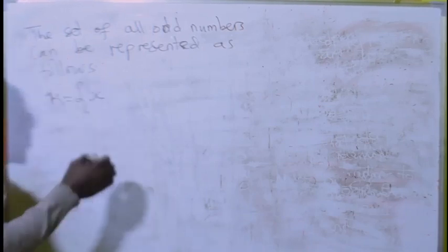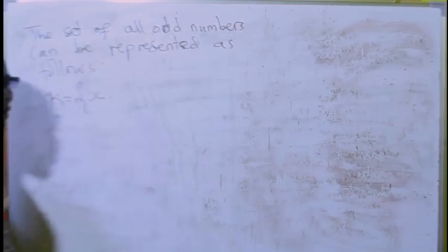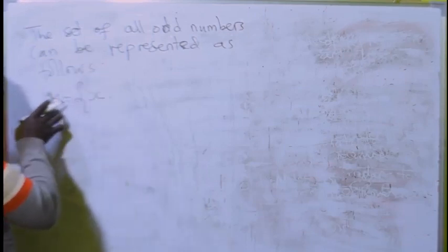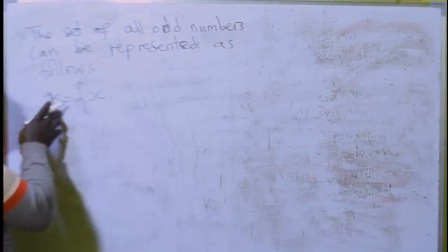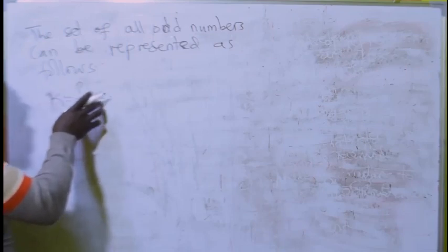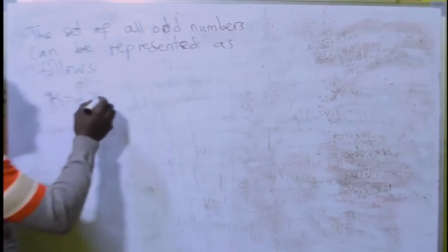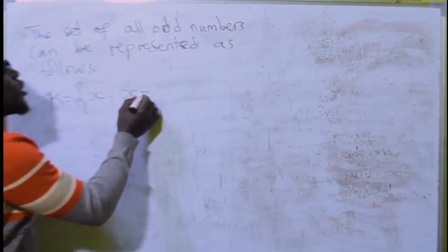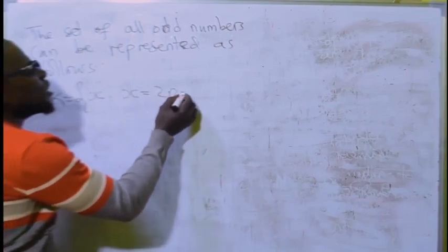So we can say, where this is what we call the colon, K is the set of x such that, what is x? x refers to odd numbers.